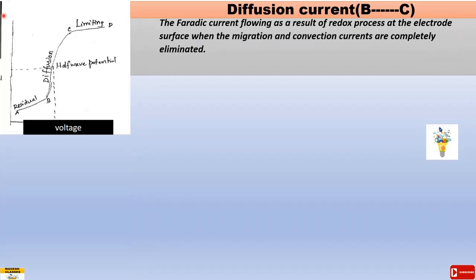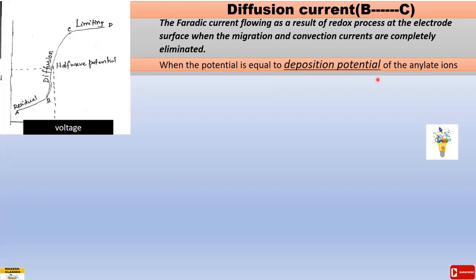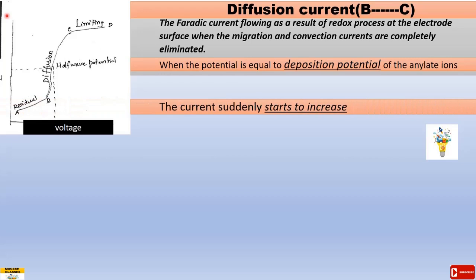When the EMF of the external potential is equal to the deposition potential of the analyte ion, what happens? All the cations get reduced at the surface of the cathode, the DME. As a result, the current starts to increase from B to C. This current is due to the reduction of the analyte ions.